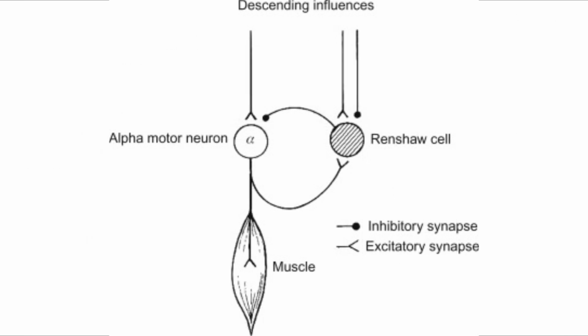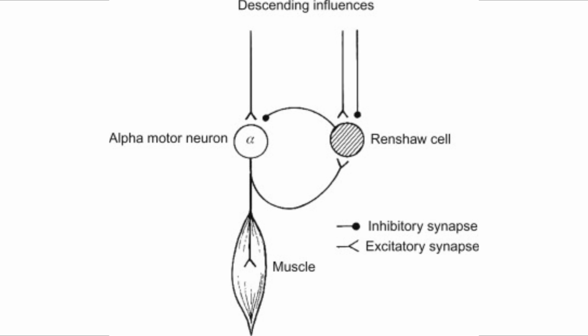If we take a look at, for example, the Renshaw cell circuit, which is an inhibitory interneuron in the spinal cord, we can see that the alpha motor neuron sends a recurrent collateral, or an offshoot of its own axon, to the Renshaw cell.